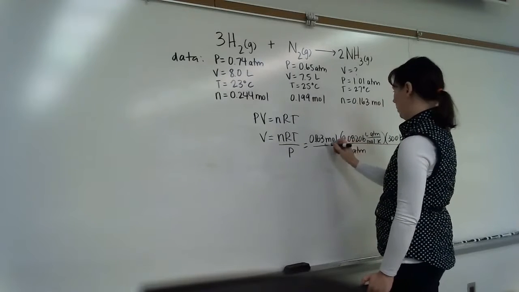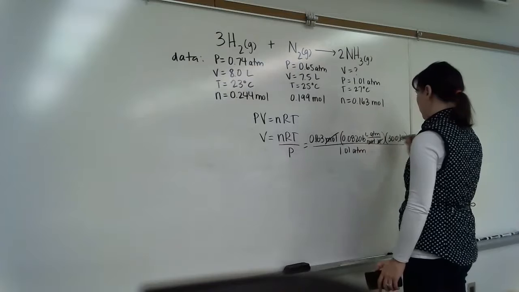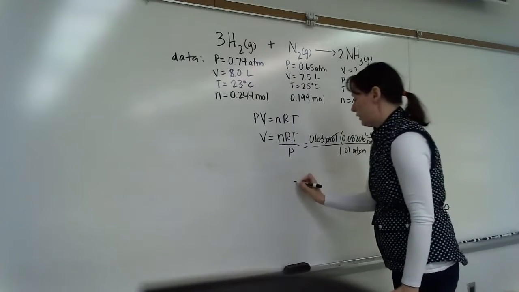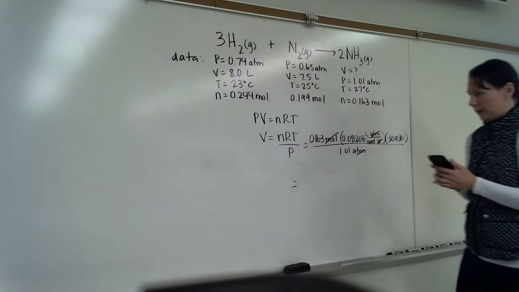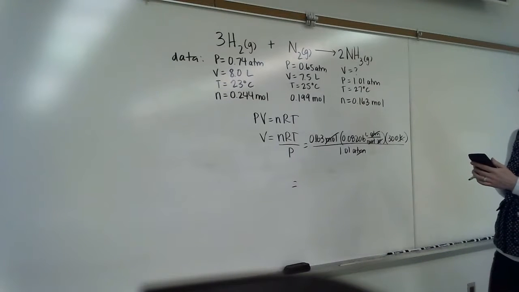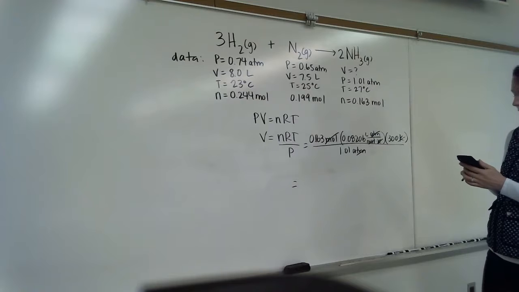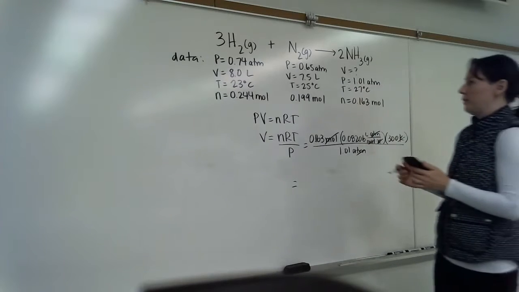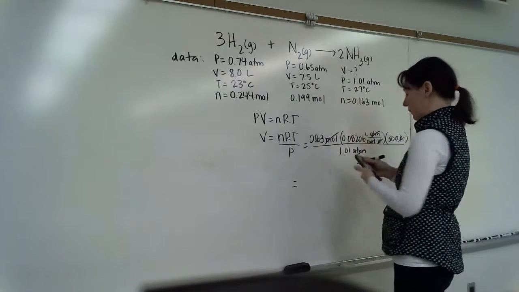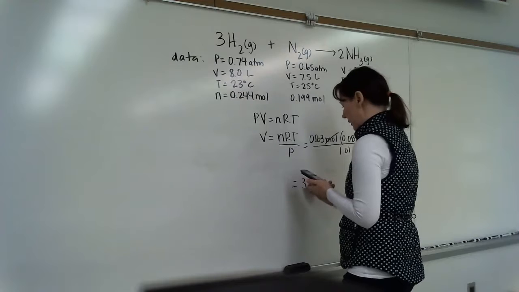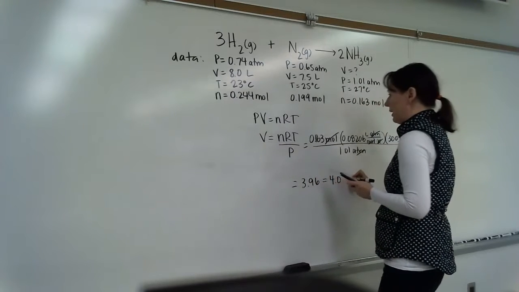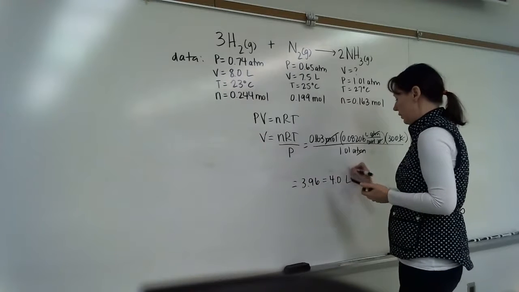All right, so moles cancel, Kelvin cancel, atmospheres cancel. I'm left with units of liters, which is what I want. So I set it up correctly. So that times 0.08206 times 300 divided by 1.01. And I'm keeping 2 sig figs. So 3.96, which would round to 4.0. And my unit would be liters.